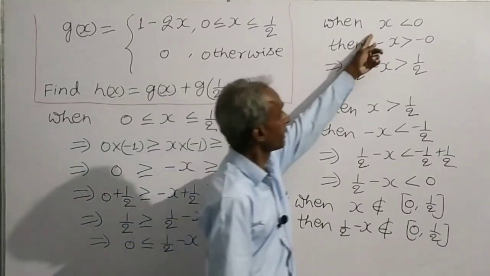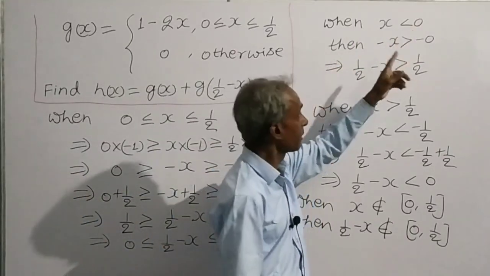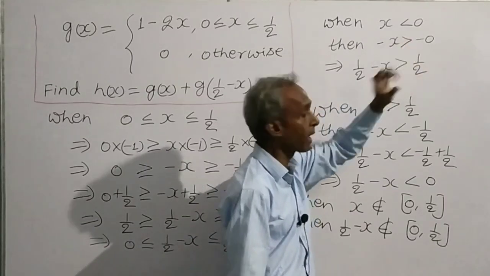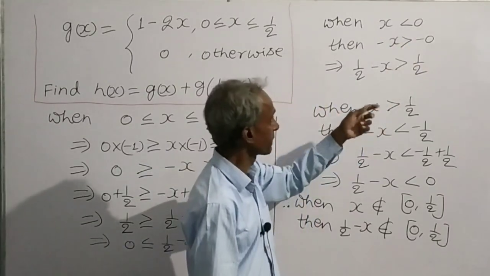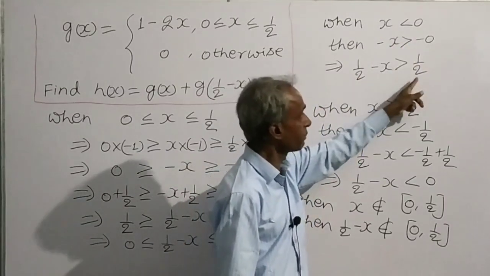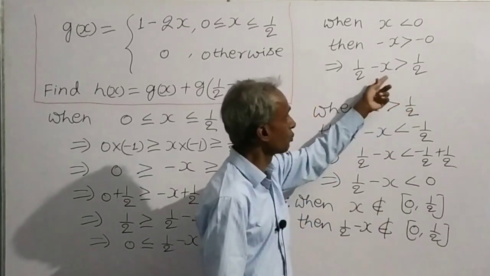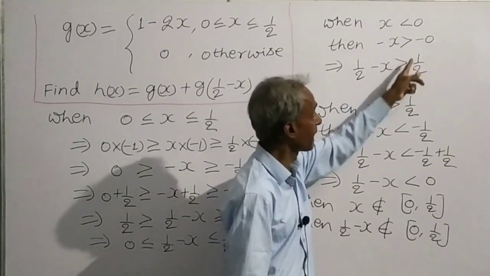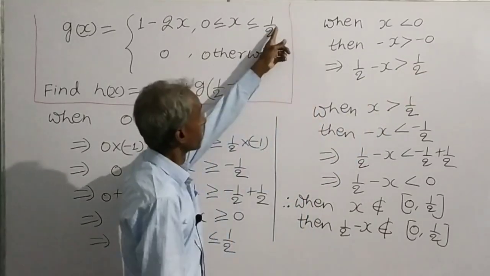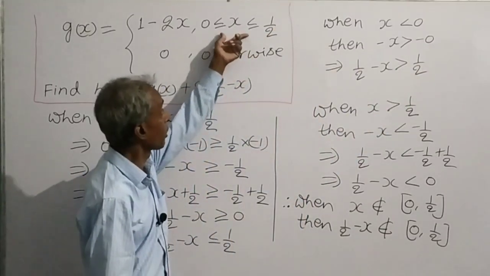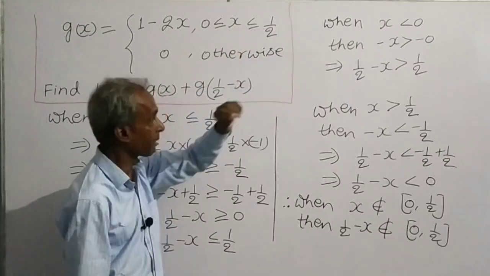When x is less than 0, then after multiplying by minus 1, this inequality will reverse. After adding 1/2, we get this result: 1/2 minus x is greater than 1/2. Greater than 1/2, that means does not lie in this interval.